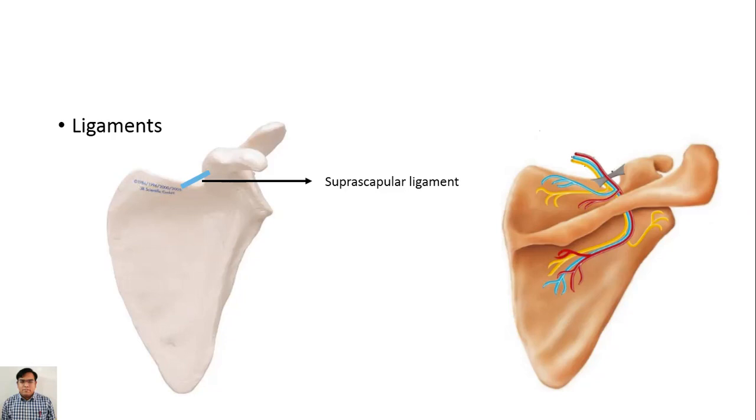So these are the suprascapular nerve and vessels. The nerve passes through the foramen, and the artery is just above the foramen.